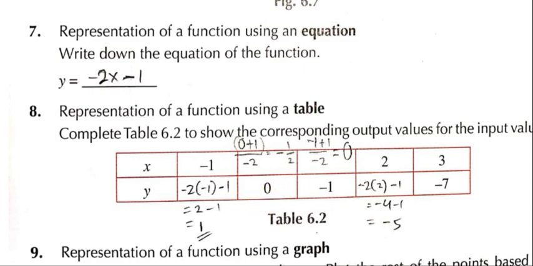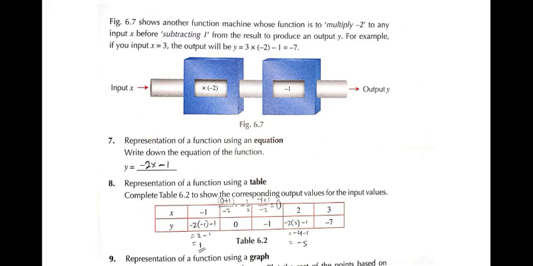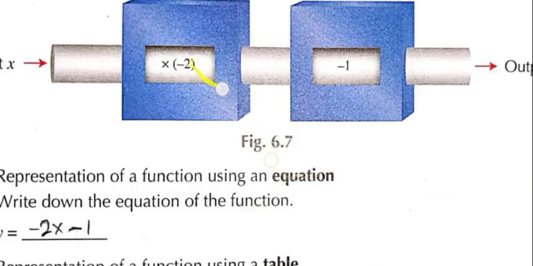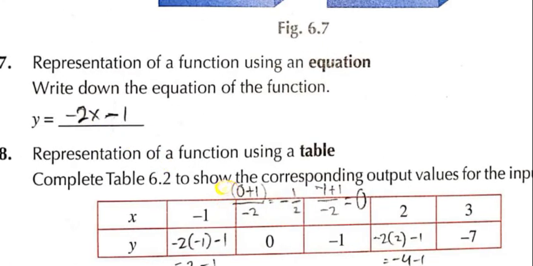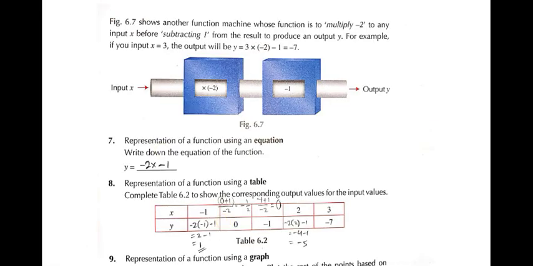The y is given, right? This is 0. Now they ask you to find the x. Again, this is just the reverse of the first function, which is you times -2 first and then -1. So the reverse will be you plus 1 first and then divide by -2. So 0 plus 1 first, I put a bracket there, and divide by -2. That's how you reverse a function.